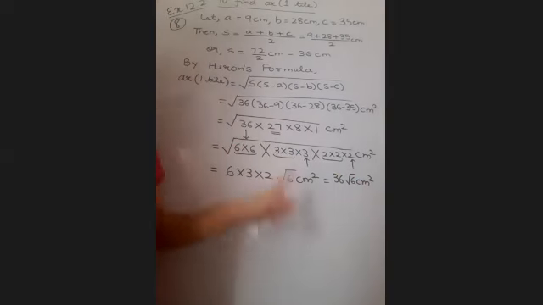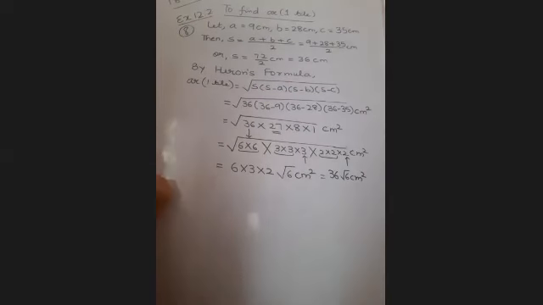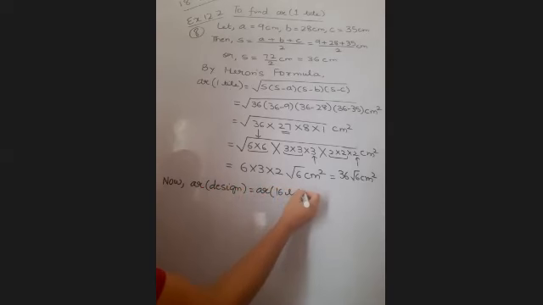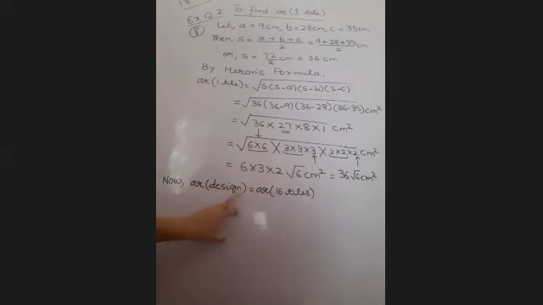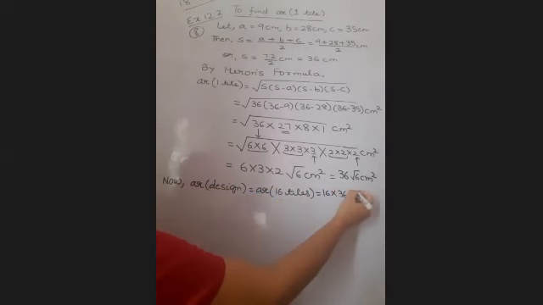Now this is the area of one tile. We have to find the area of how many tiles? 16 tiles. So area of design is equal to area of 16 tiles, which is 16 into 36 root 6 centimeter square.